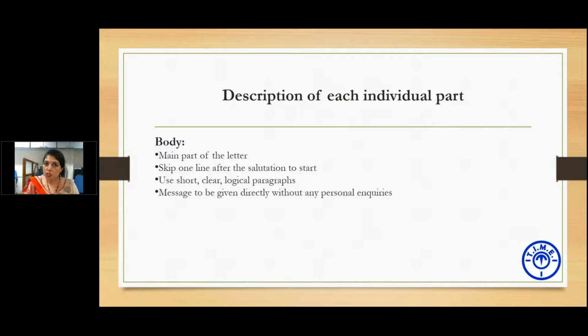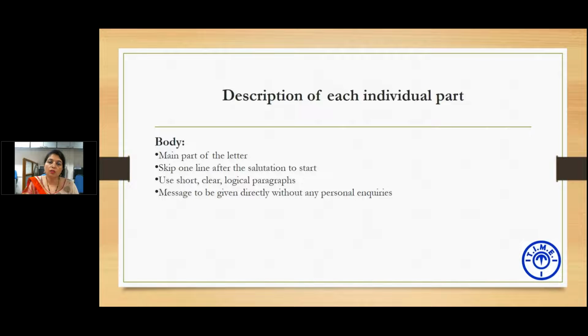So please ensure that you use short, clear, and logical paragraphs. I have used the word paragraphs here, but in a formal letter, more than 2 paragraphs are generally not possible, because it's an exam. You also have to keep the word count in mind. Normally in our bank exams, the word limit is 150 words. Now, you may exceed the word limit by, let's say, 10%.